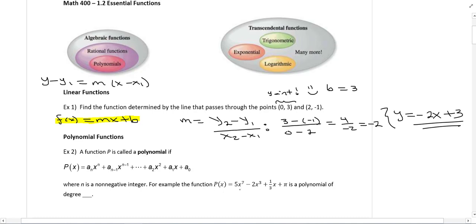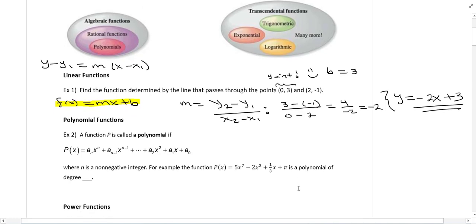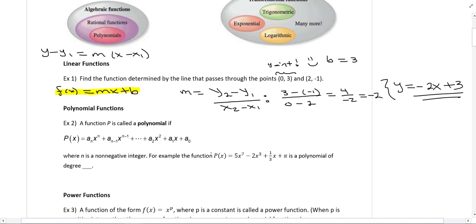The function 5x to the 7th minus 2x cubed plus 1/3 x plus pi is a polynomial function. What is the degree of this function? The degree will be the highest exponent. In this case, x to the 7th is the highest, so the degree is 7.